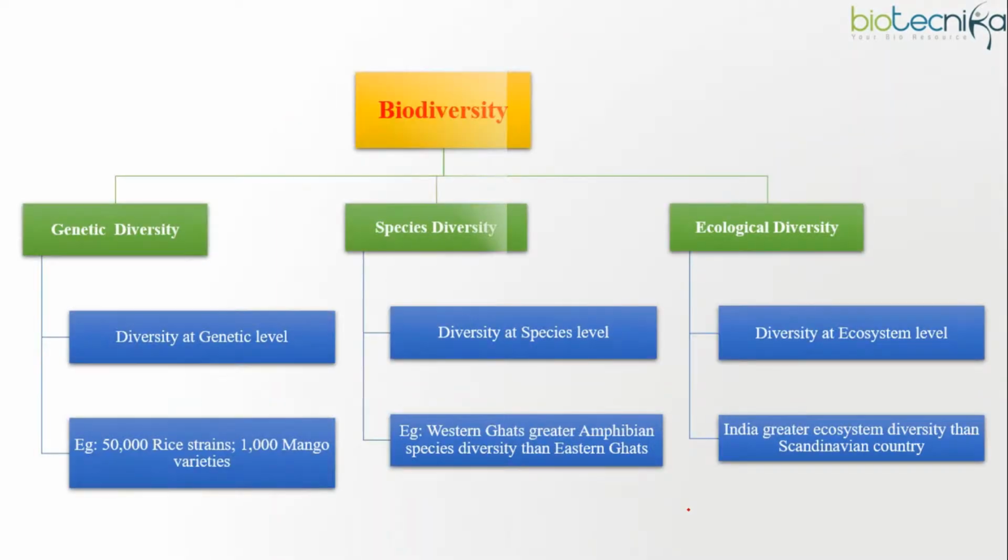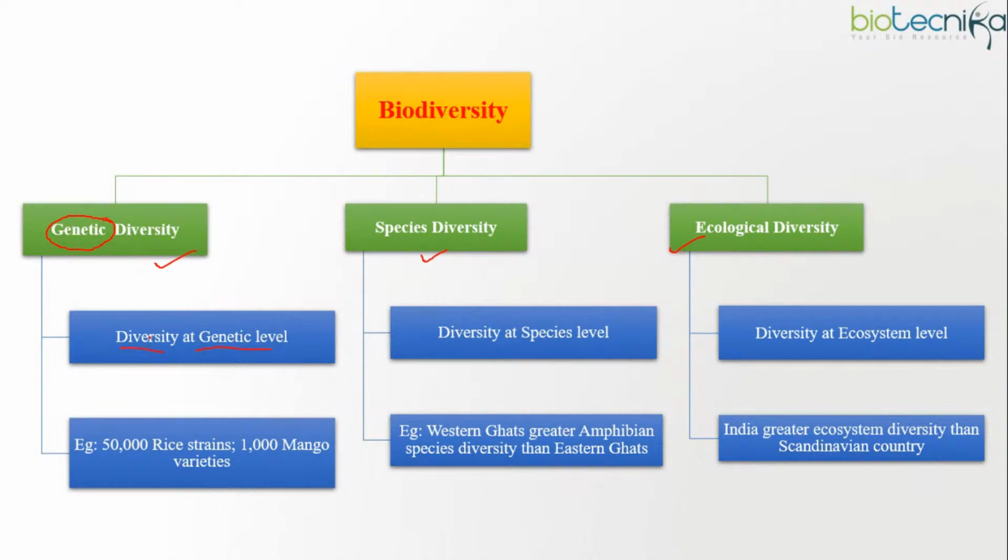So the question arises, what are the main components of biodiversity? Here you can see that there are three main components of biodiversity, that is genetic diversity, species diversity, and ecological diversity. It's very easy to remember what is genetic diversity: diversity at the genetic level.